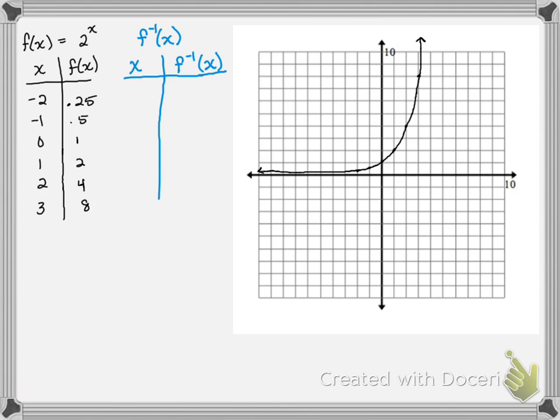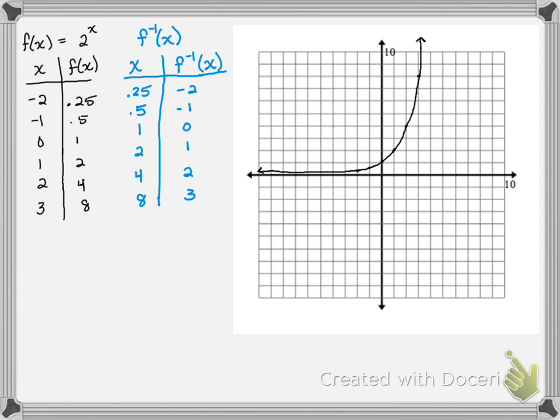So the inputs we're going to use are 0.25, 0.5, 1, 2, 4, 8. And the inputs of f are the outputs of f inverse, right? So essentially, on the graph of inverses, we're just swapping the x and y values. So negative 2, negative 1, 0, 1, 2, 3.